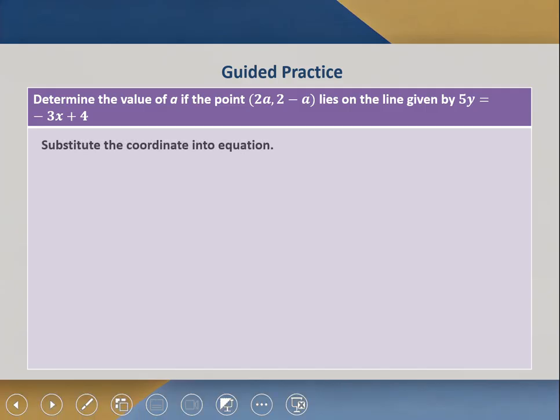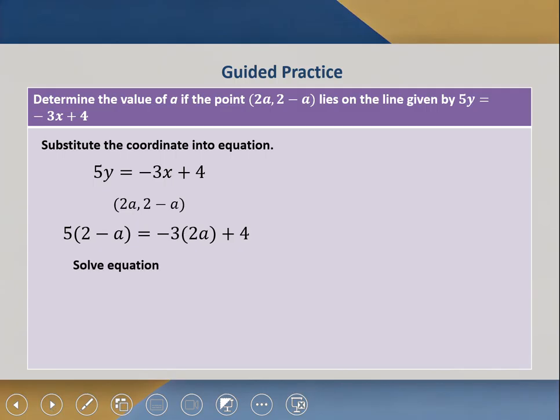So I've got 5y is equal to negative 3x plus 4. I know what x is worth and I know what y is worth. So I'm going to rewrite my equation as 5(2 minus a) is equal to negative 3(2a) plus 4.